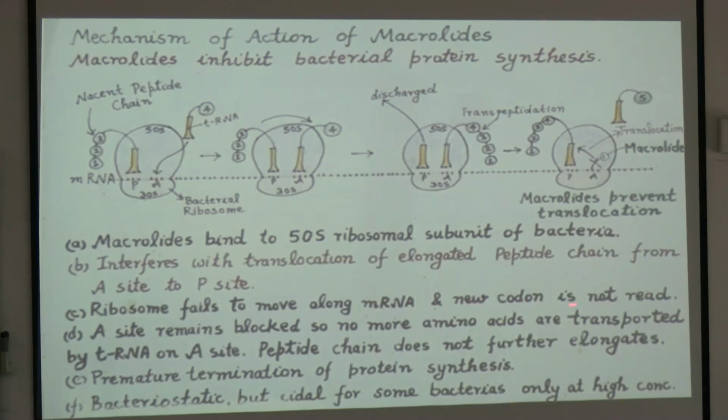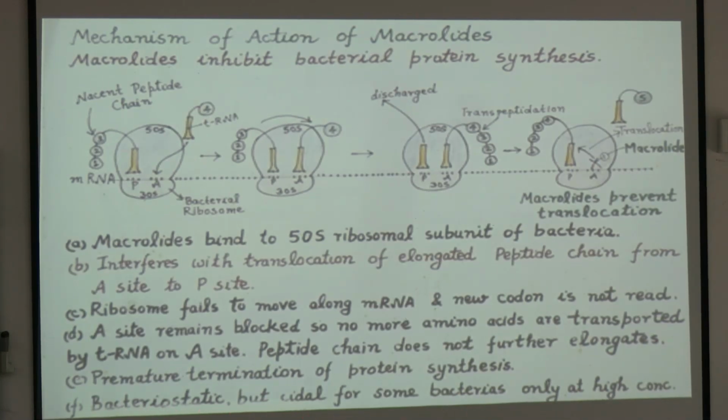So the ribosome fails to move along mRNA and the new codon is not read. A site remains blocked. The antibiotic has gone and blocked the A site, so no more amino acids are transported. No more amino acid can come and bind to the A site. All right. So there is premature termination of protein synthesis.